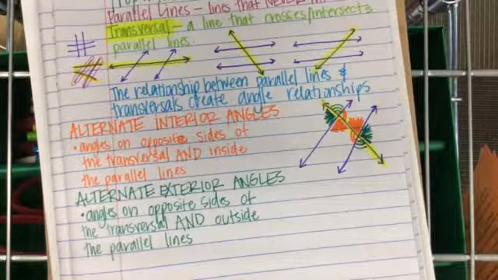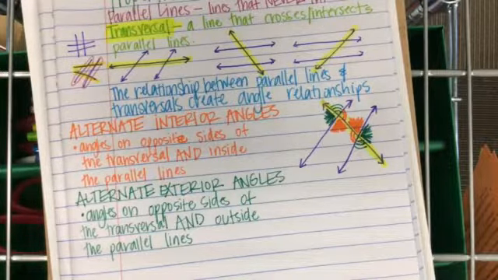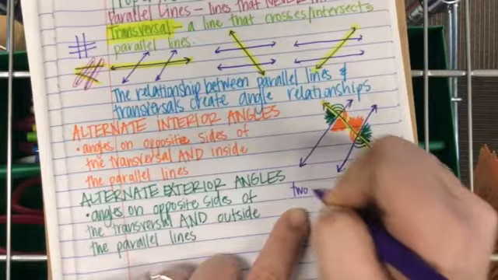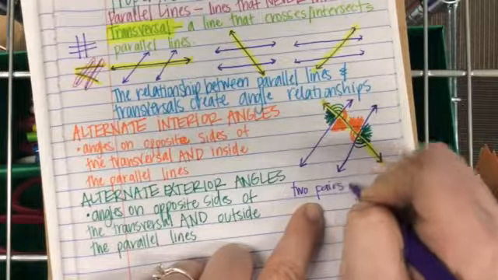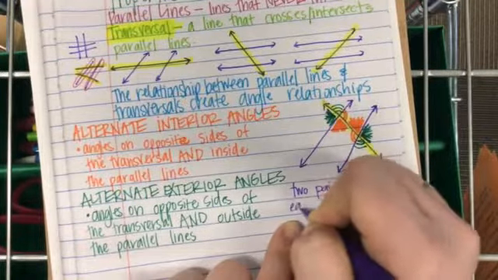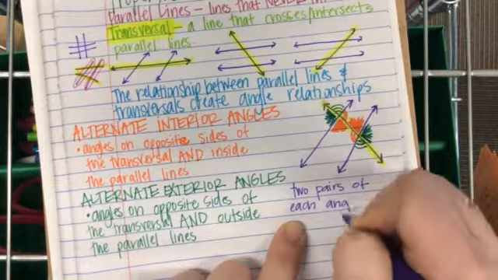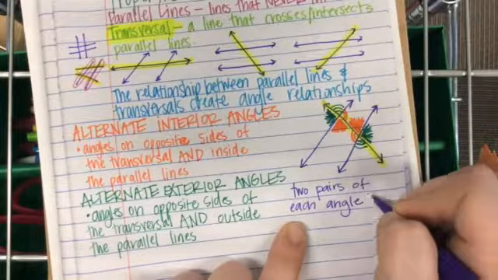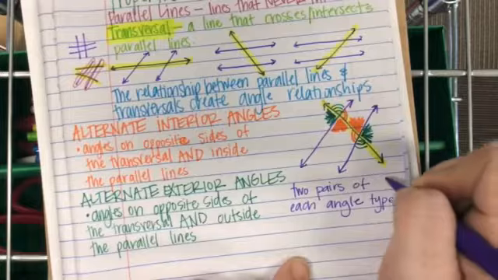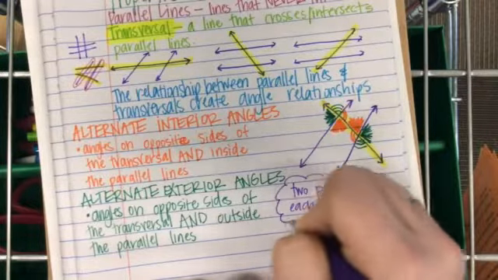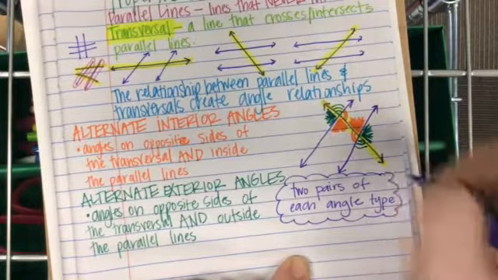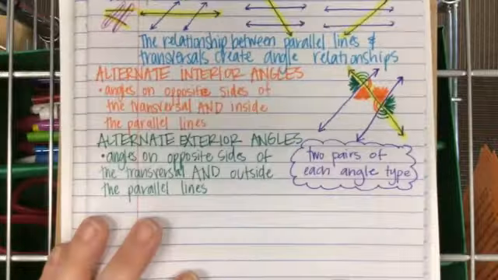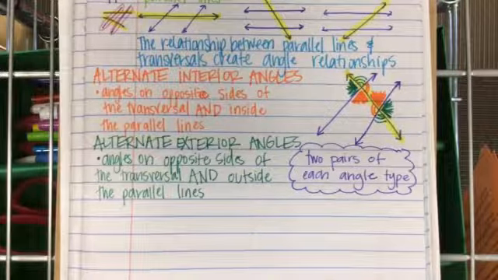Let's write that. There's two pairs of each angle type. It depends.